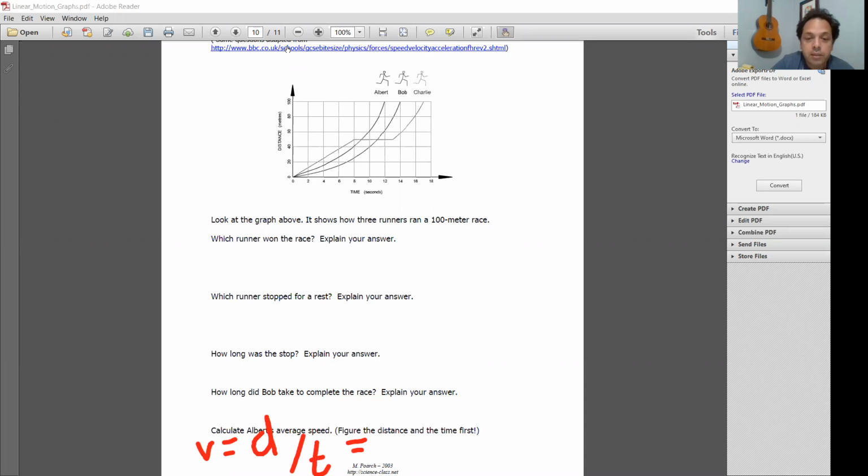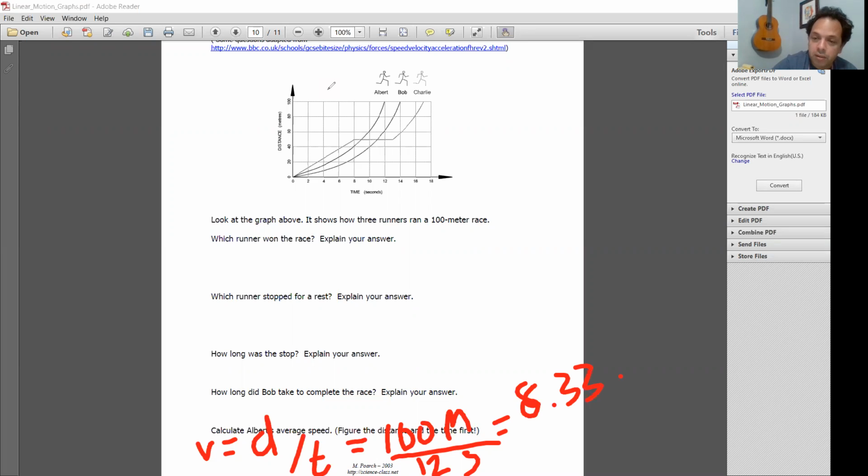So how far did Albert go? 100 meters, divided by how long it took? It took him 12 seconds. So that equals 8.33 meters per second.